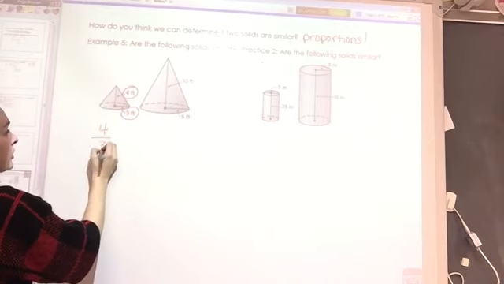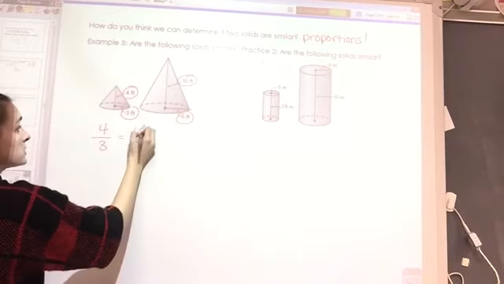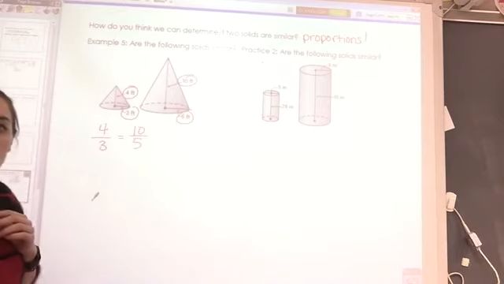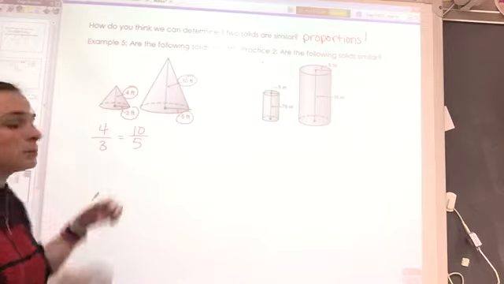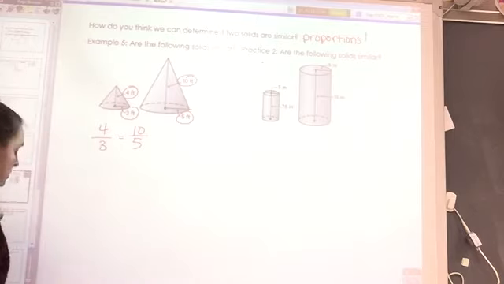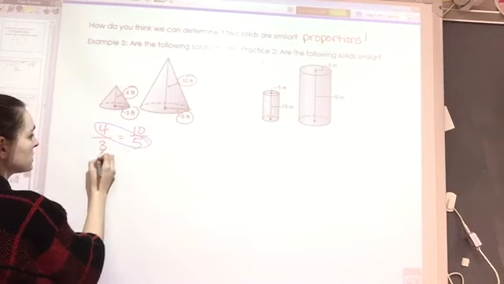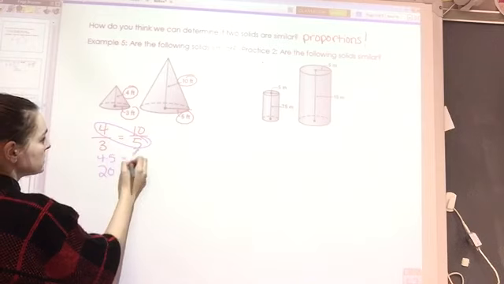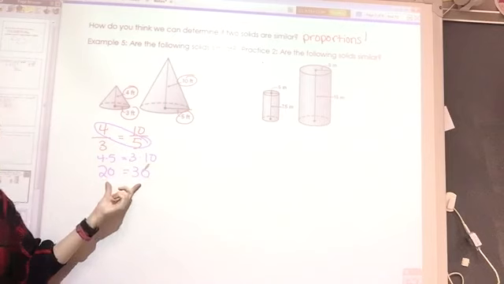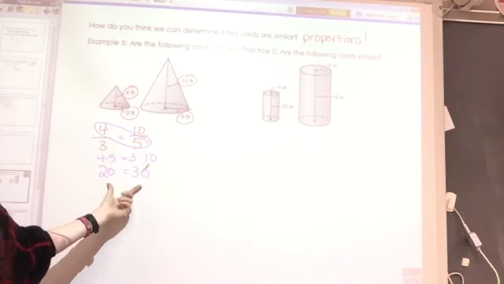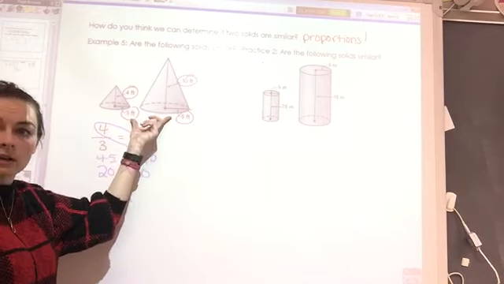So 4 over 3 is equal to the height over the radius, which is 10 over 5. If we cross multiply, we should get the same exact number on either side of the equal sign. When we cross multiply, we get 20, because that's 4 times 5, is equal to 3 times 10, which is 30. Is 20 ever equal to 30? No. So are these two figures similar?